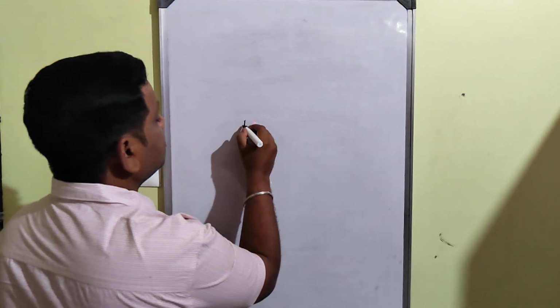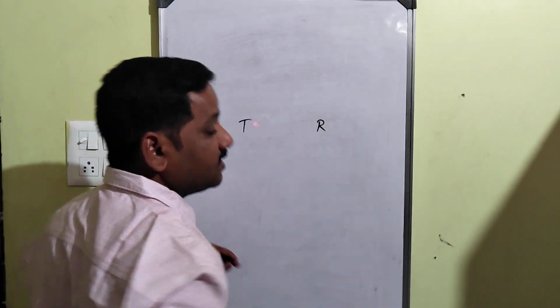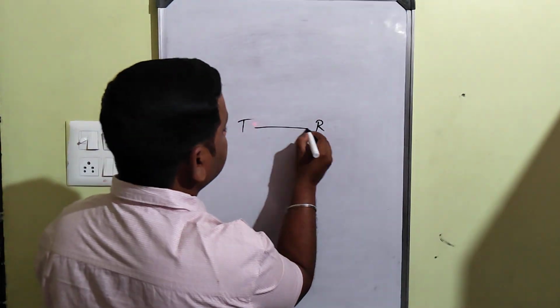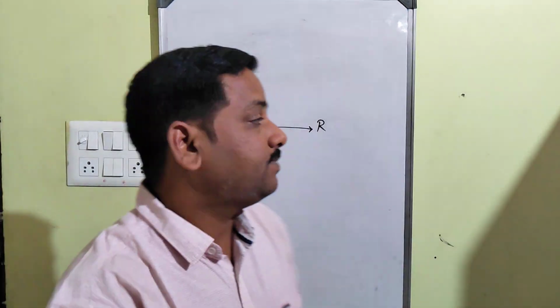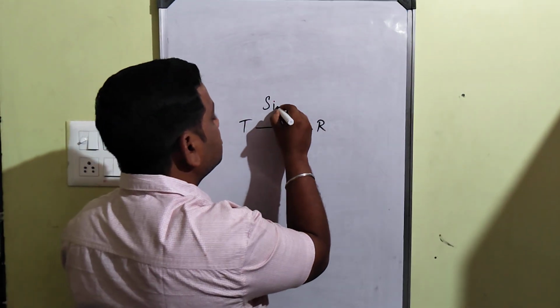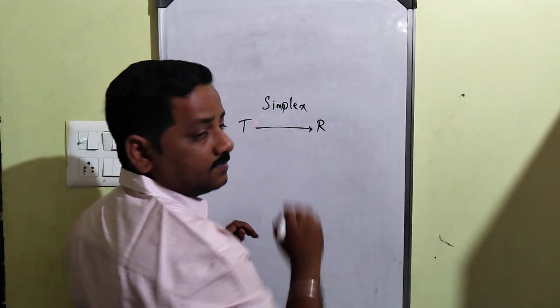Simplex is nothing but there will be a transmitter and a receiver. The transmitter will send the data, the receiver will receive the data. It means one person will be speaking, the other person has to listen. He cannot speak back, right? That is called a simplex way of communication.